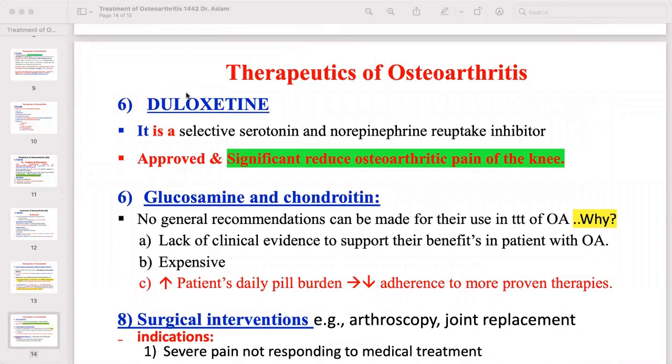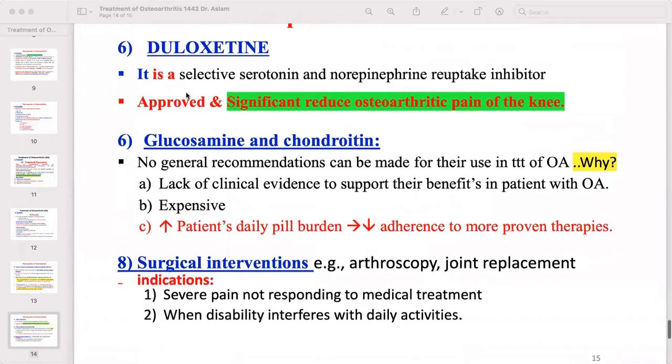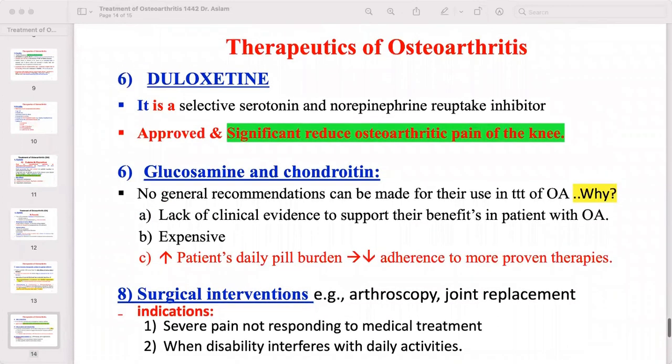Next, therapeutics for osteoarthritis includes duloxetine. It is a selective serotonin and norepinephrine reuptake inhibitor. Duloxetine is approved and reduces significant pain of the knee in the patient of osteoarthritis.